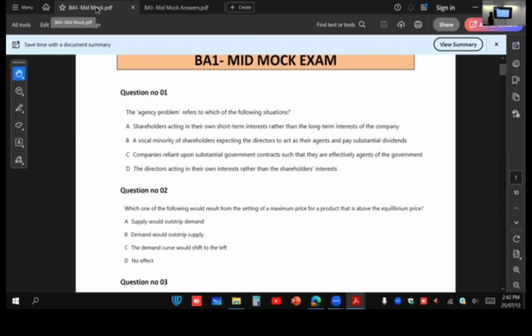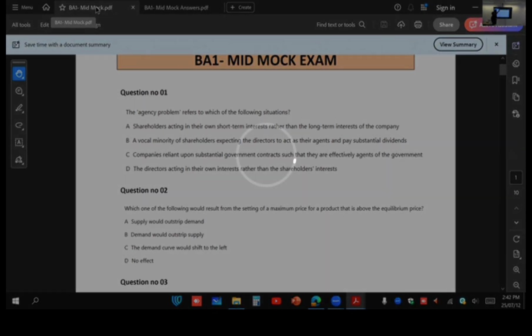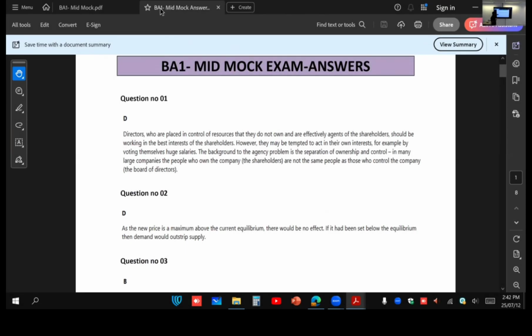Companies reliant upon substantial government contracts. The directors acting in their own interest rather than the shareholders' interests. I think the answer would be D. Right? Answer is D. So was this document uploaded to you in the LMS? Yes? Answer sheet and the question both.